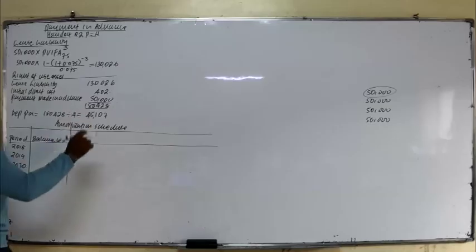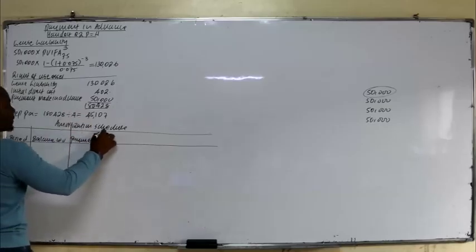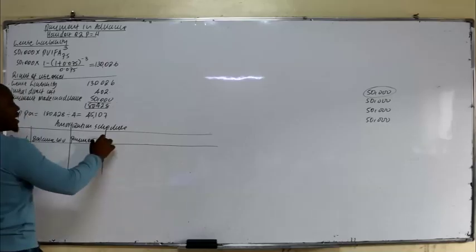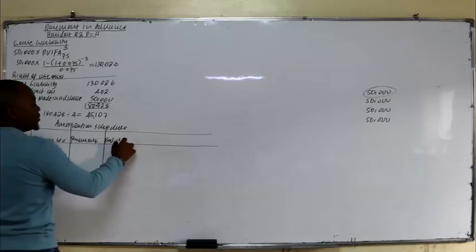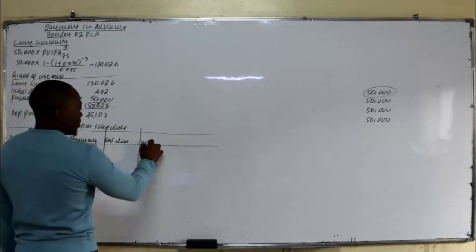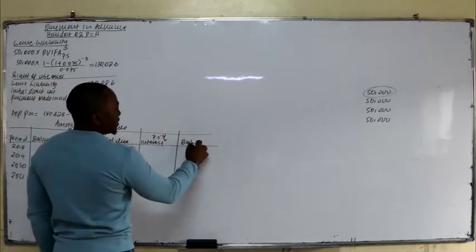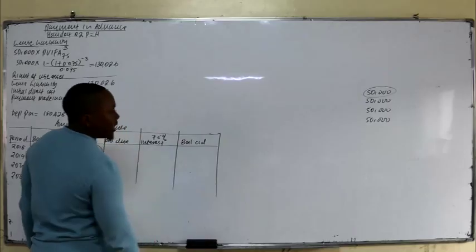Then you are paying it at the commencement, so you start by paying, and that's how you get the balance due. And then you pay the interest based on the balance due at the rate of 7.5%, and that's how you get the balance carried down. So when you're paying in advance, that's the format.